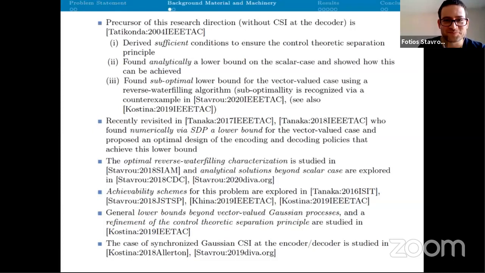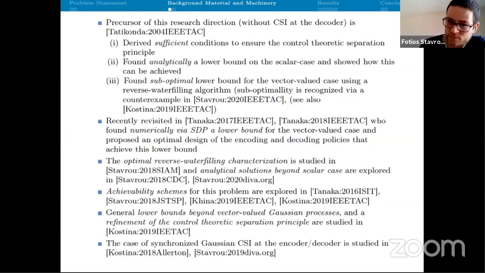A few words about the literature review. The precursor of this research direction without any causal side information of any kind was Tatikonda in 2004. In that paper, he derived sufficient conditions to ensure the separation principle, found analytically a lower bound in the scalar-valued case and showed that this bound can be achieved, and found a suboptimal lower bound in the multivariate case using a reverse water-filling algorithm.